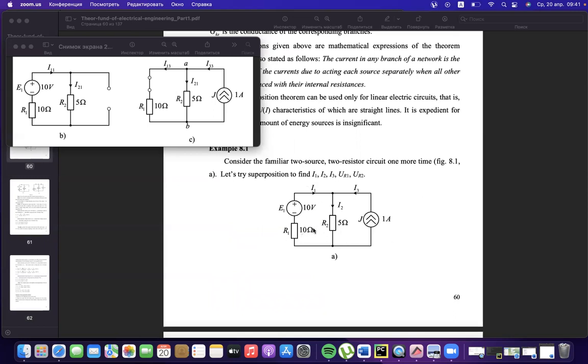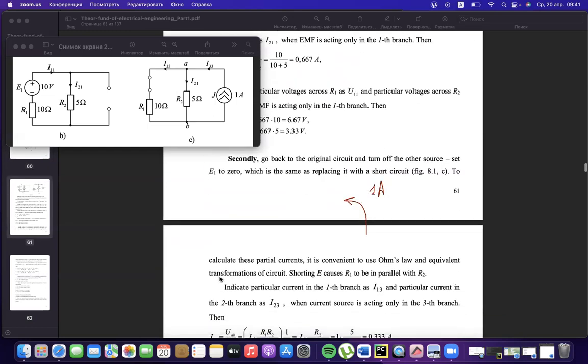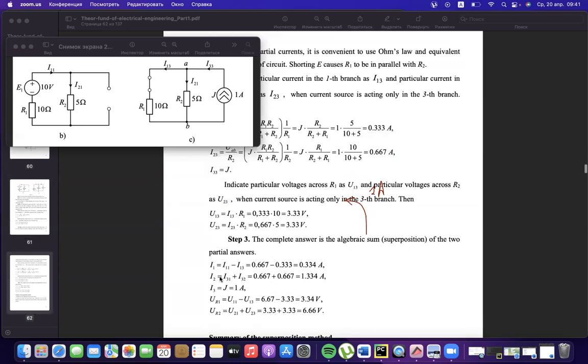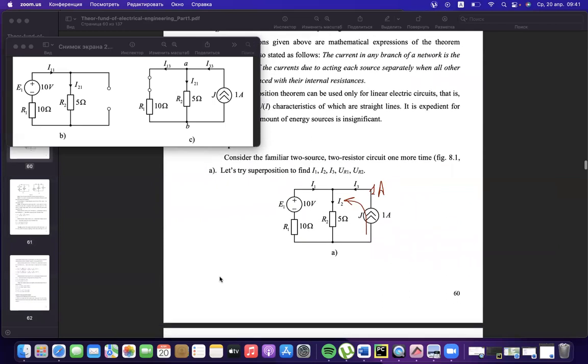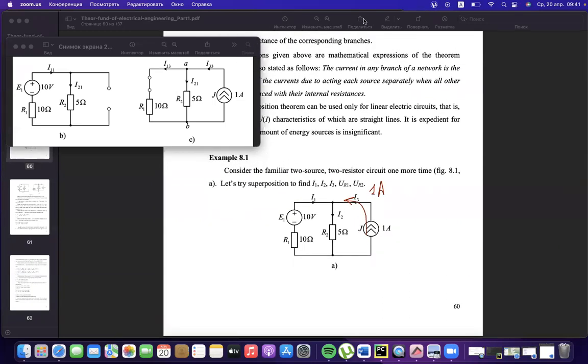As we see, we have 1 ampere here, and 0.33 amperes here, the left branch, and 1.33 in the central branch.